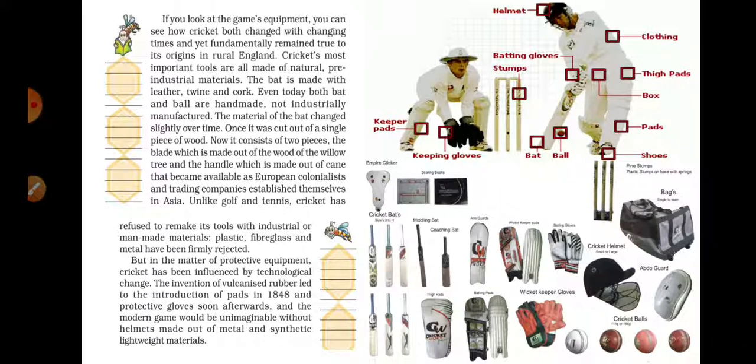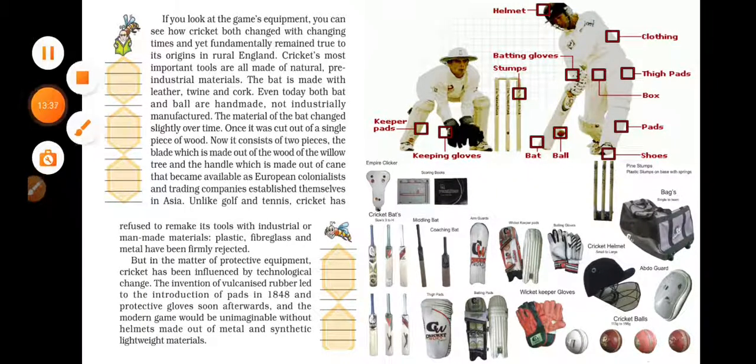Unlike other popular sports like golf and tennis, which have adopted the practice of making their equipment from industrial materials like metal, plastic and other lightweight materials, cricket still refuses to do that. All the important equipment is made by hand and with natural products. But industry has encroached upon the sport as well, in another way.